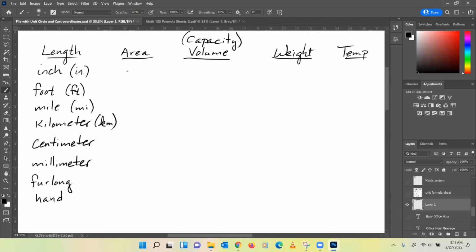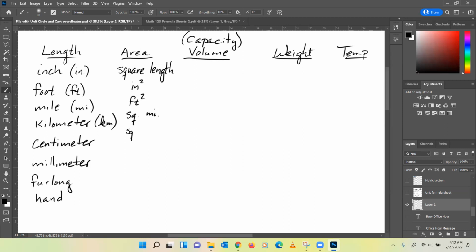Under area, maybe somebody will say square inches or square feet. It's really any square length would work. So any of these that we have above, we could have square inches, we could have square feet. We might write it sq instead of the unit with an exponent.